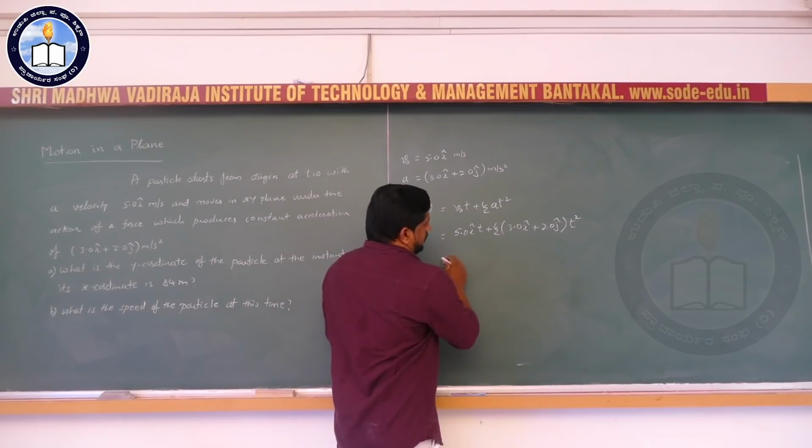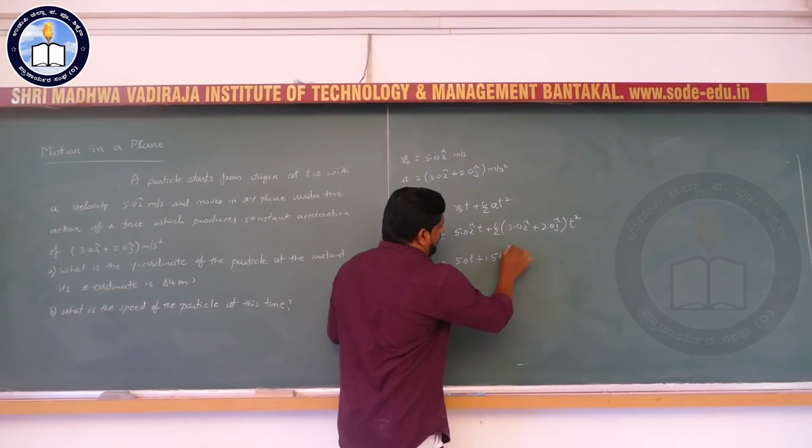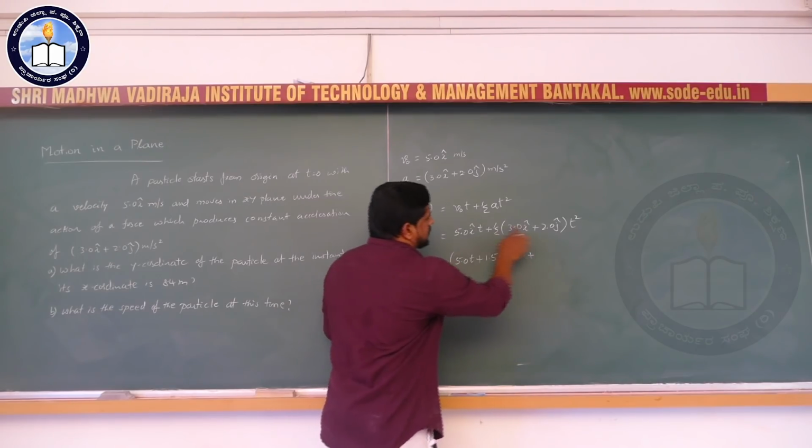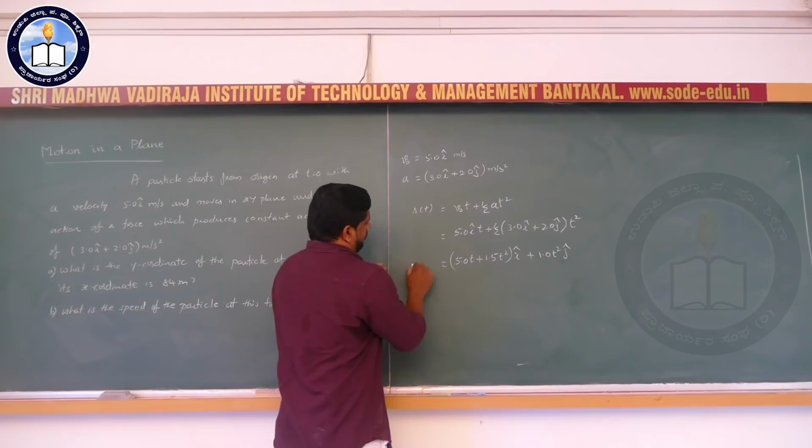Continuing, this becomes 5.0 t plus 3 divided by 2, that is 1.5 t square, into i cap, plus 1.0 t square into j cap.